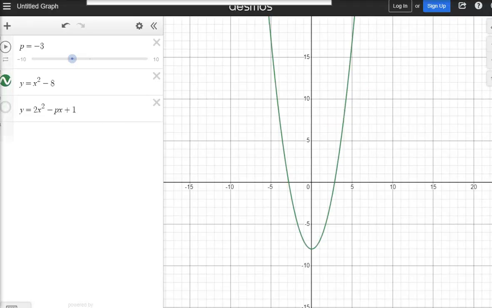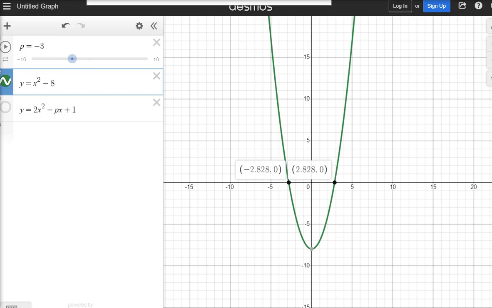Looking at, where is that graph greater than 0? When it's greater than that, eh? Or where it's not greater than that, but less than that.